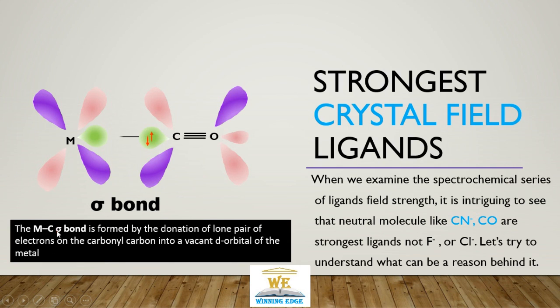And the metal-carbon sigma bond is formed by the donation of electrons from carbon to metal. And next, the metal donates back electrons to the p orbitals of the carbonyl. This is called back bonding.